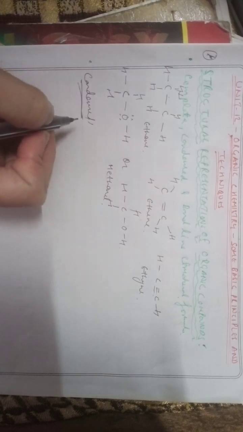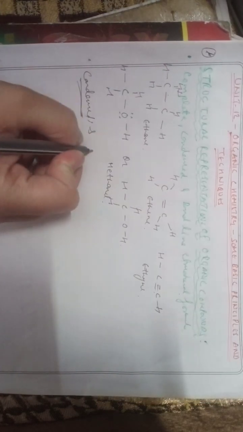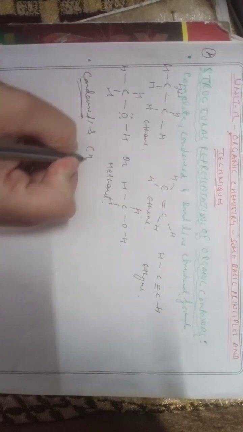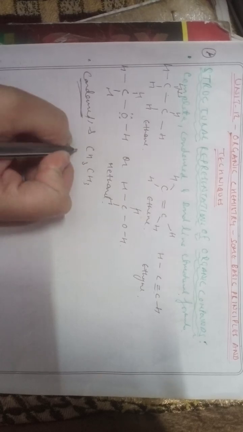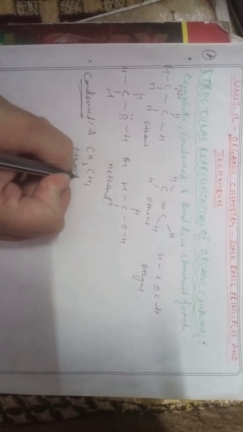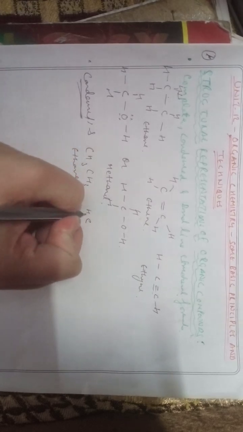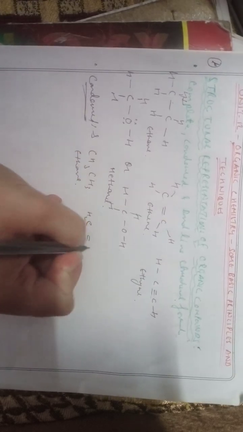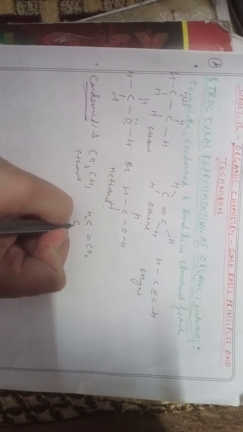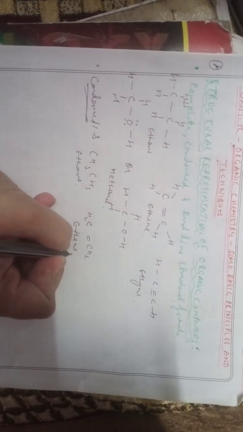For the condensed here, first we talk about ethane, that is CH3CH3. This is ethane. Another we have is ethene, which is CH2 double bond CH2, that is your ethene.